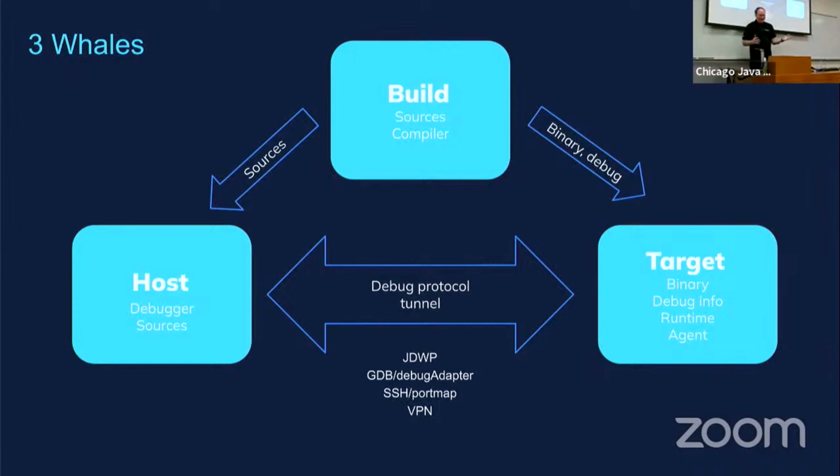Which is an analog of Chicago, but this is the place where we perform the build to assemble the binary, and all those three can be different machines. That can be a single machine. That can be different environments on a single machine. Those can be two machines. But actually, it depends. And our sources, we need them to debug the application most frequently.